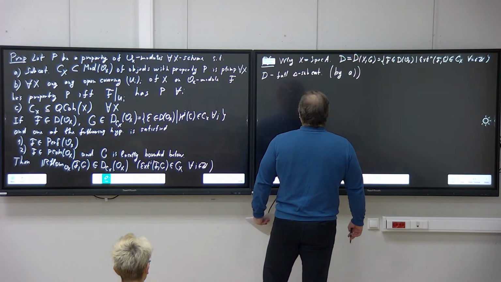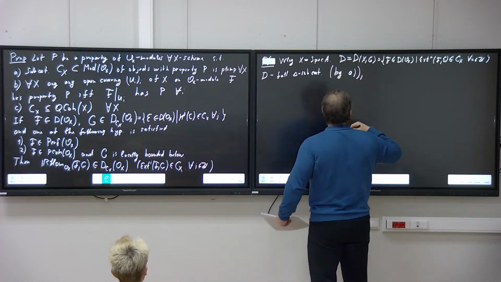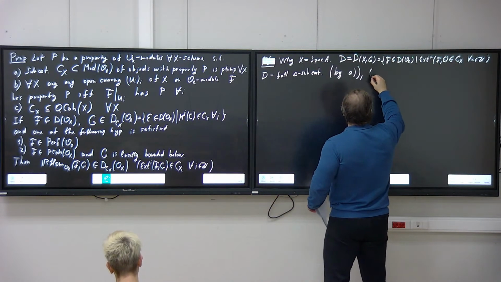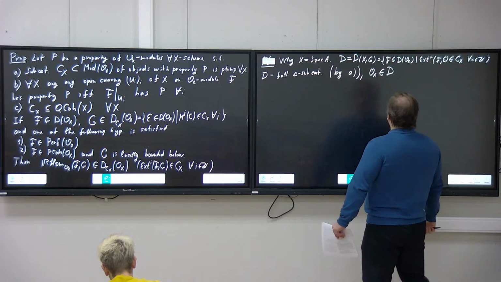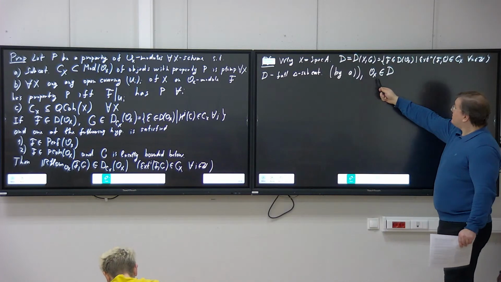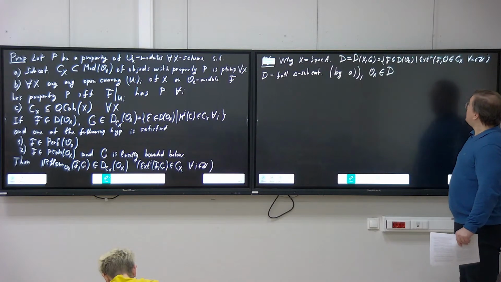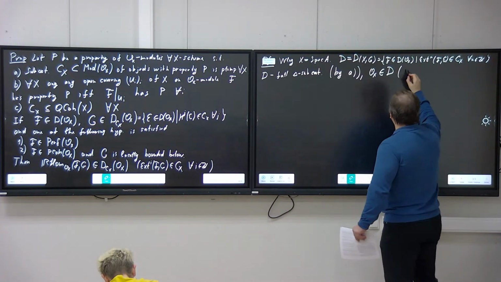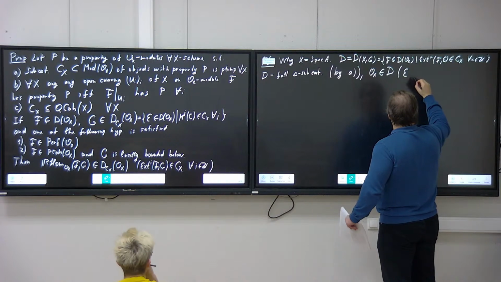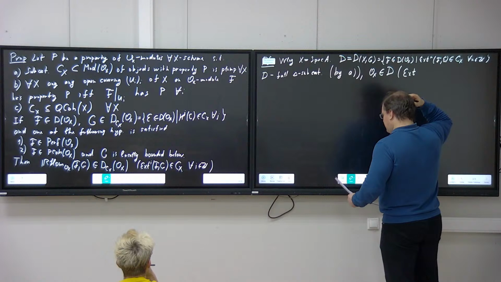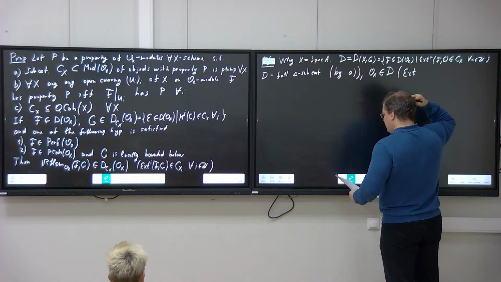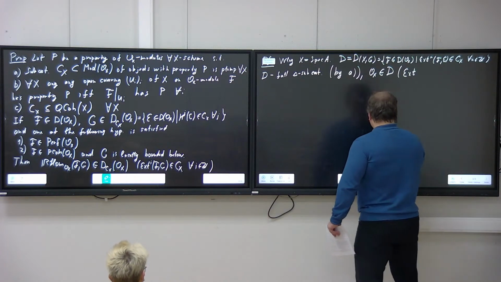So then another simple observation is that OX is in D, right? Because when F is equal to OX, when I compute, say, Ext, I write this R Hom.